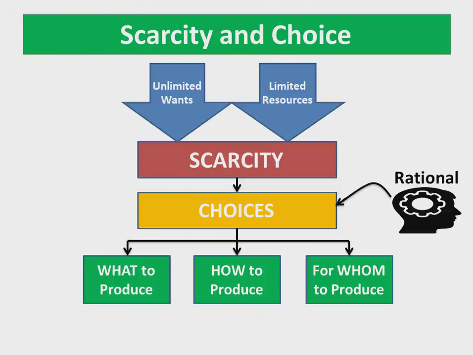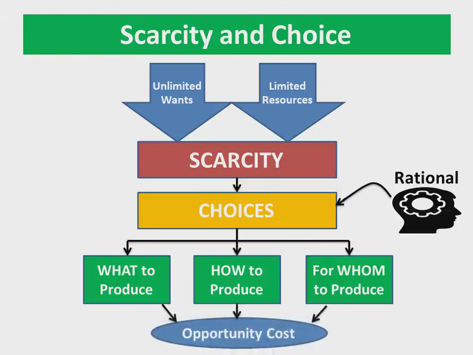Because you are making choices, the alternative of producing clothes could have been producing drinks. You decide that you're going to use your labor to produce clothes as opposed to producing drinks. So given these choices, you've decided to produce clothes. How are you going to produce the clothes? You think about the techniques, and for whom, you look at your target, the distribution. How are you going to give away those items that you have produced?